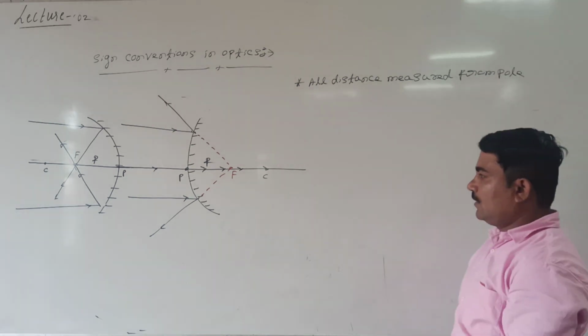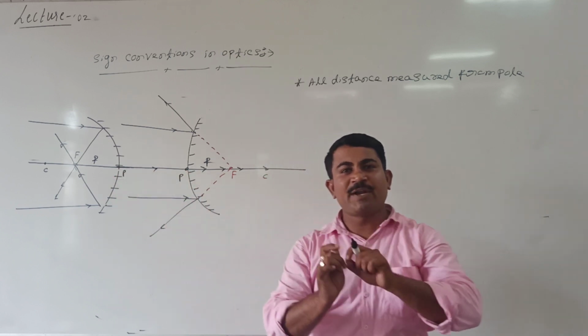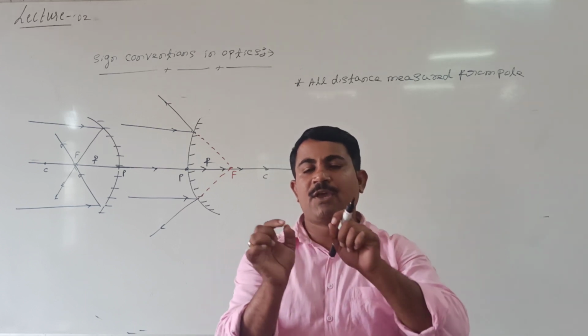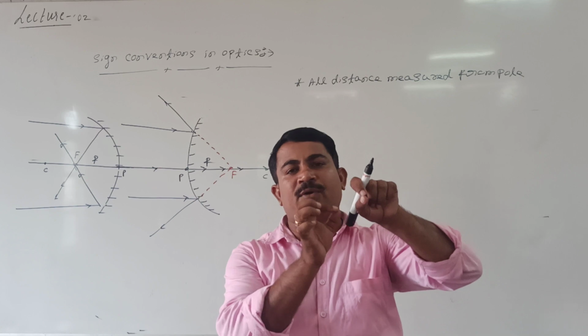Which is the pole? This is the pole. Whatever distance it is, you can measure object distance, center of curvature, radius of curvature, or focal length.